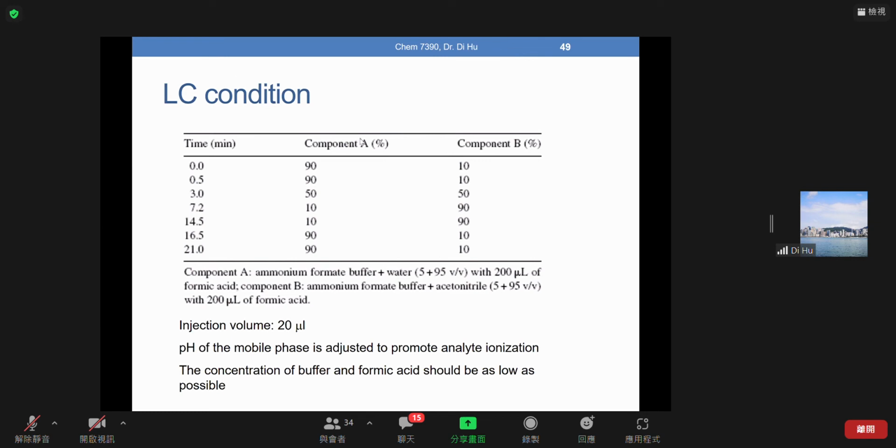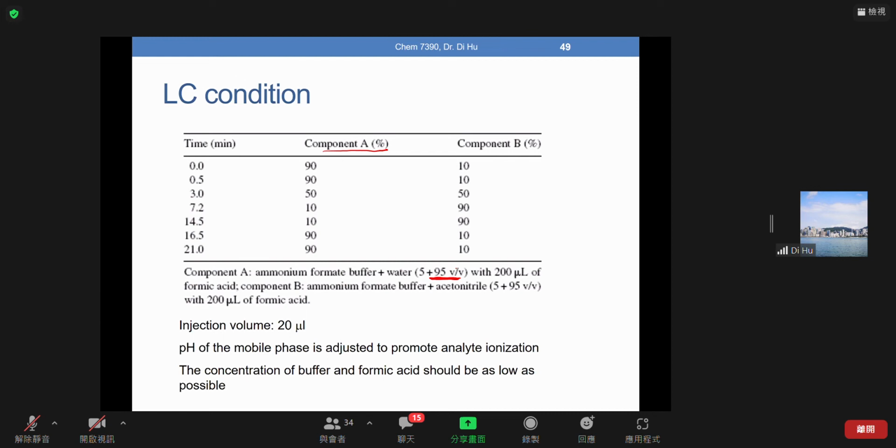So first, component A. The mobile phase A in LC analysis is often the aqueous phase, okay? So you can see here, mobile phase A is ammonium formate buffer plus water 95%, with 200 microliters of formic acid.